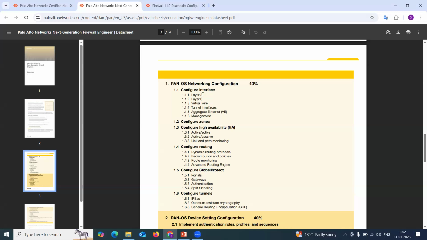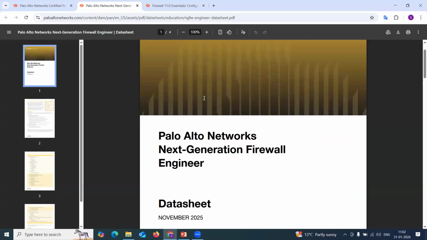Now, if I directly go with this next generation firewall engineer certification training, you guys will not understand anything. Understood? So, guys, what I have done is I have designed my course in such a way that it will cover everything.